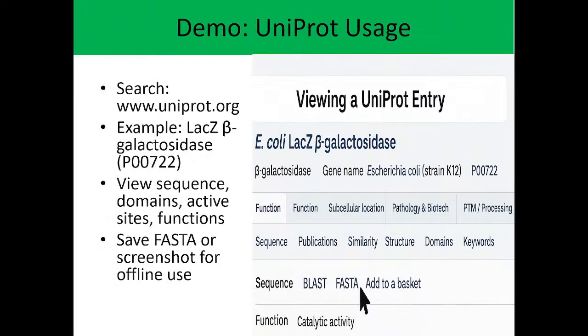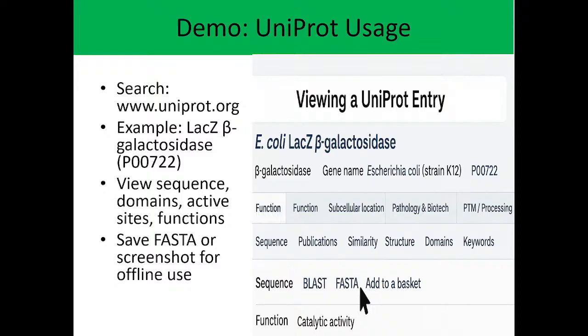Okay. Now, a demo of UniProt usage. The first thing is you type in www.uniprot.org, and we'll look for an enzyme called beta galactosidase with the accession number P0722.